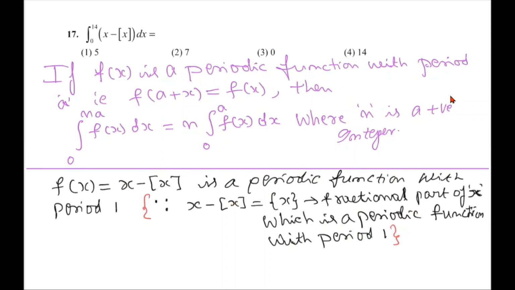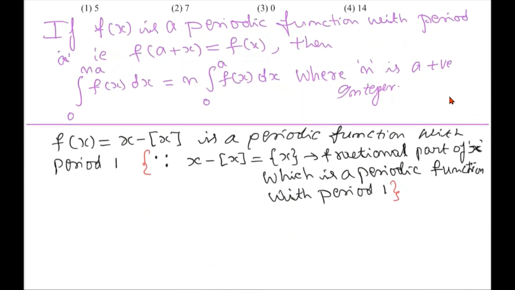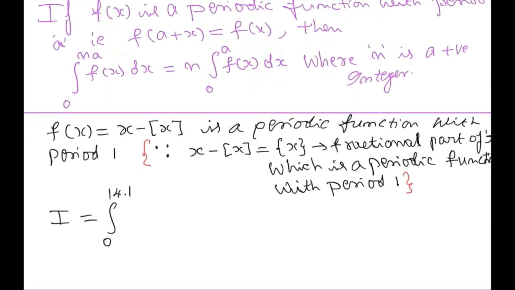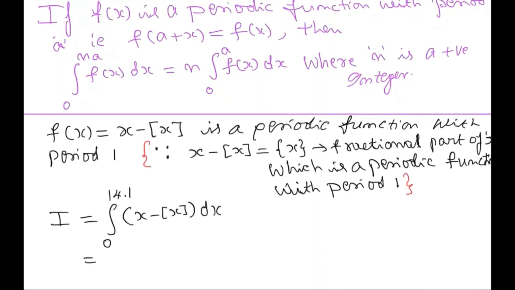So we can write the given integral as, 0 to 14 can be written as 14 into 1, because this function is a periodic function with the period 1. So n, that is 14, comes out: 14 times integral 0 to 1 of x minus bracket x dx.